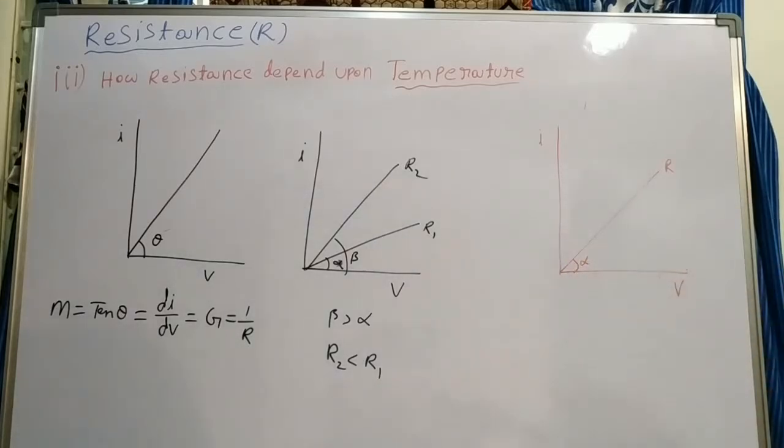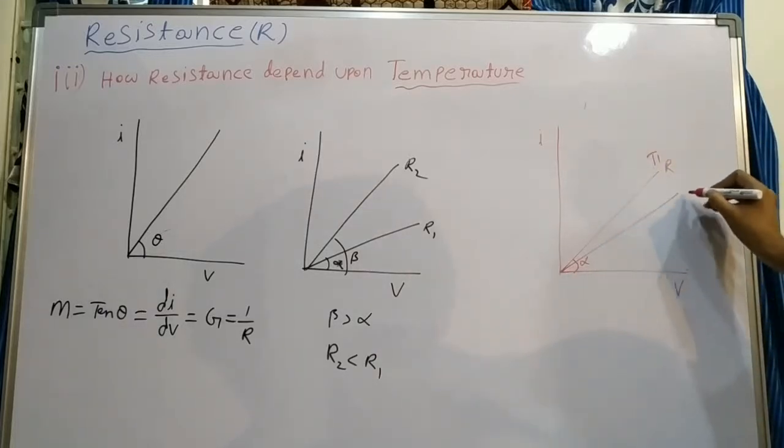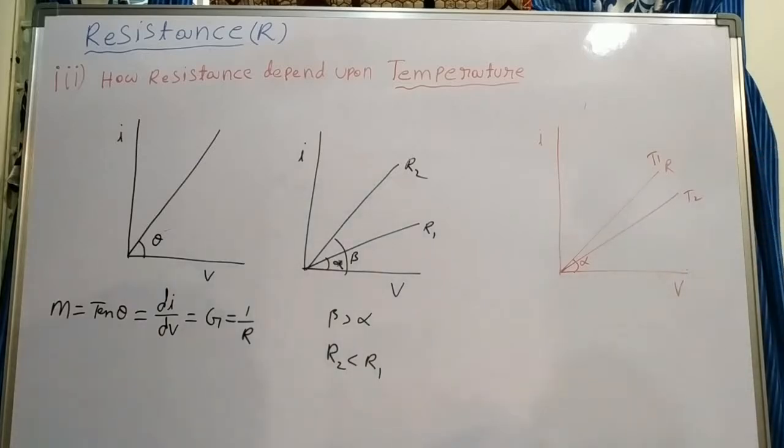Nichrome is a conductor, so we know it is like a conductor only. On increasing temperature, resistance also increases. Here resistance increases means what happened to slope? Slope must decrease. So here we can write, this is at T1 temperature, and here if you draw a graph at T2, which temperature is more, and in which case resistance is more.